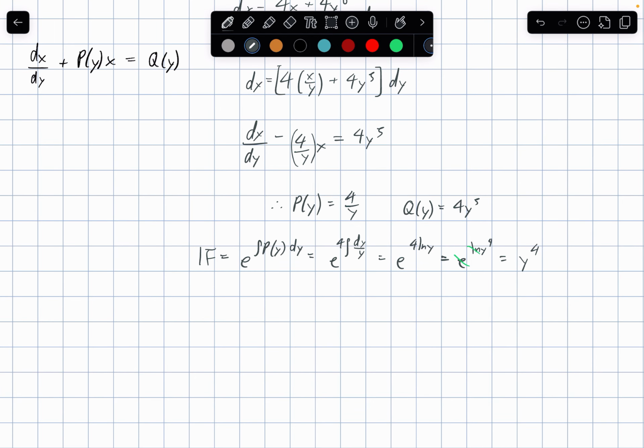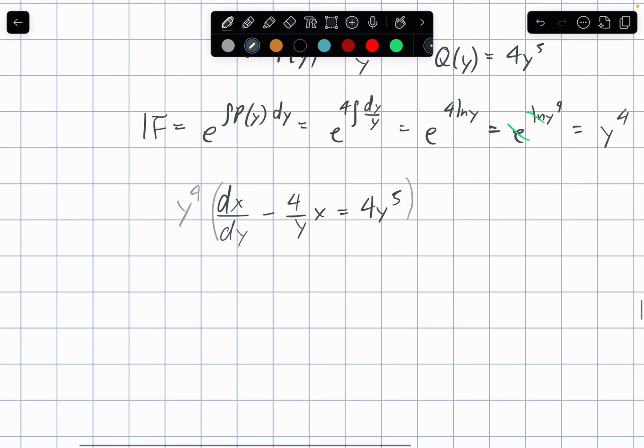Now let's multiply it by the standard form, y raised to 4. So y raised to 4 dx over dy minus 4xy raised to 3 equal to 4y raised to 9.